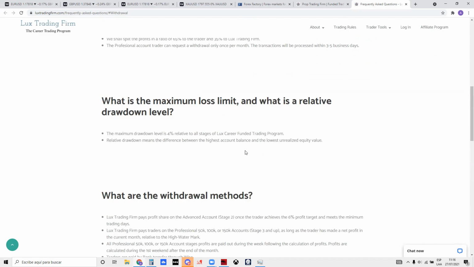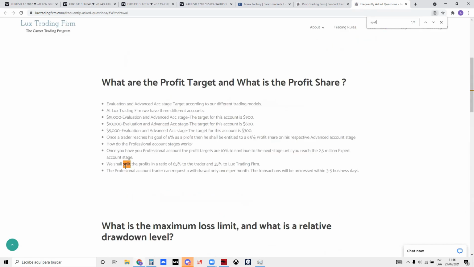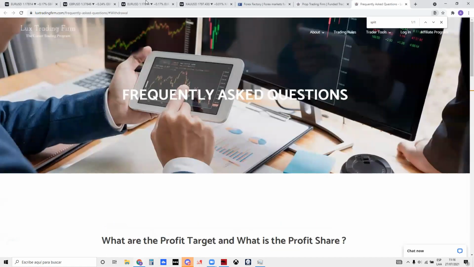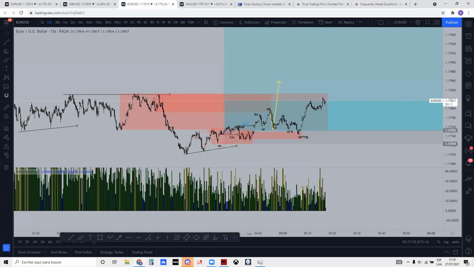Oh, 60% to 65% to the trader. So if you have the 10 million account and you made 6%, which is the target that you have been hitting in order to get to 10 million, you get to keep $390,000. Imagine making $390,000 per month. You're a millionaire. That's a Lambo every month, exactly.